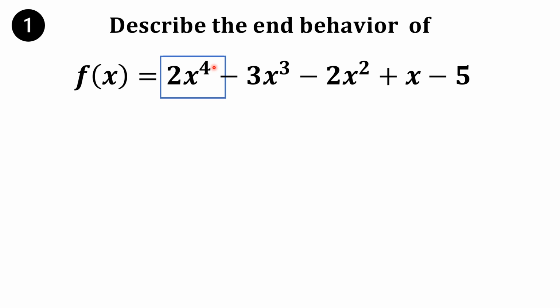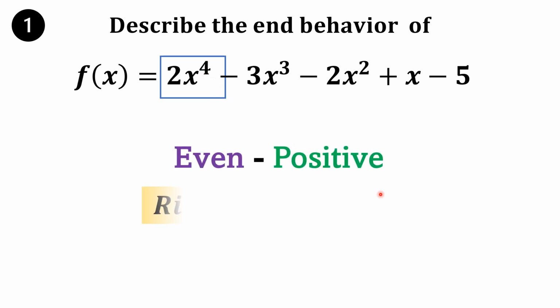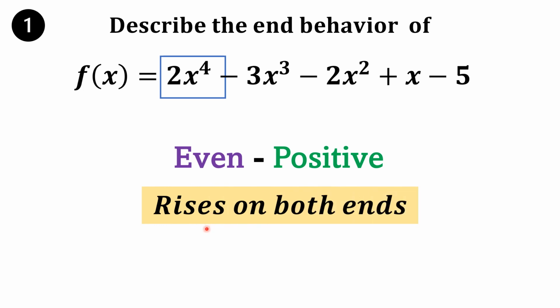It is an even number, and the leading coefficient is 2, which is positive. The characteristic of the end behavior is even positive, therefore it rises on both ends. We can also say that it rises to the left and also rises to the right.